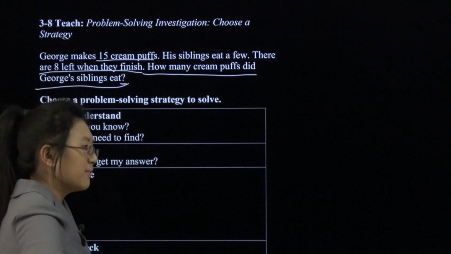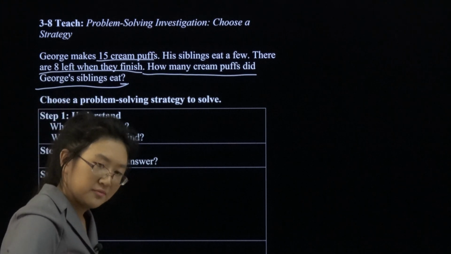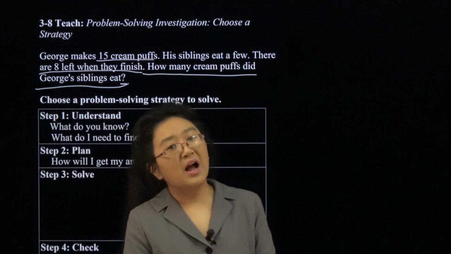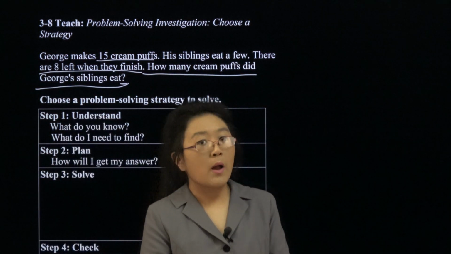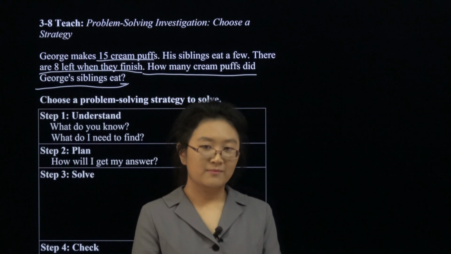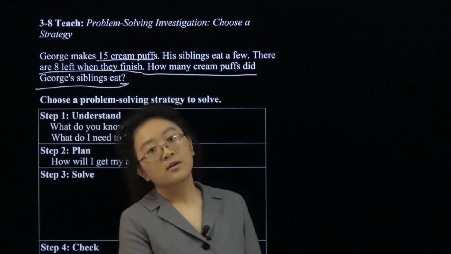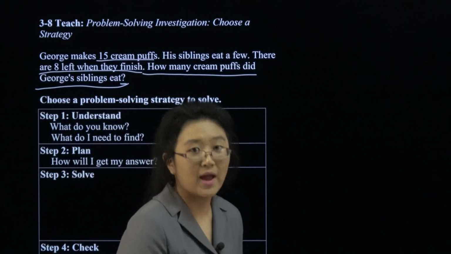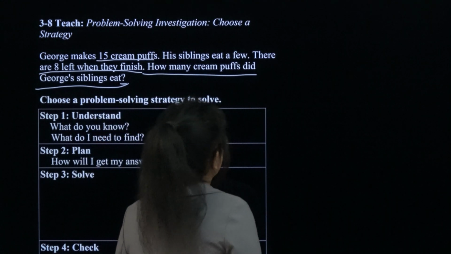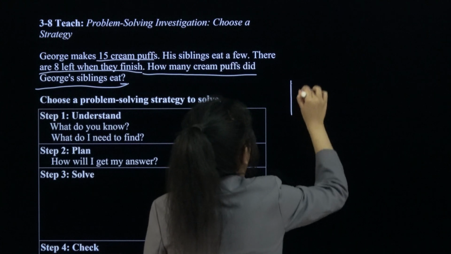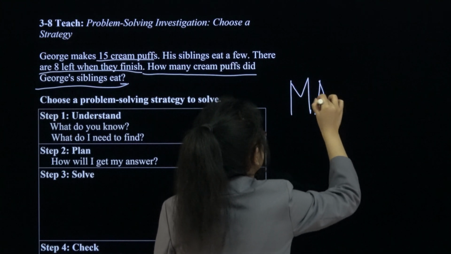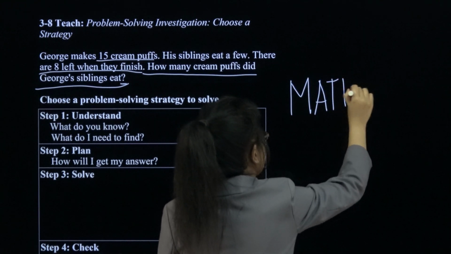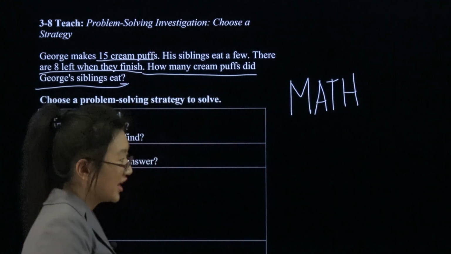So how will you get your answer? So here I'm going to introduce y'all to my favorite problem-solving strategy. You see, it starts with an M and ends with H, and it's a 4-letter word. Math. Math it out. This is a math class after all.